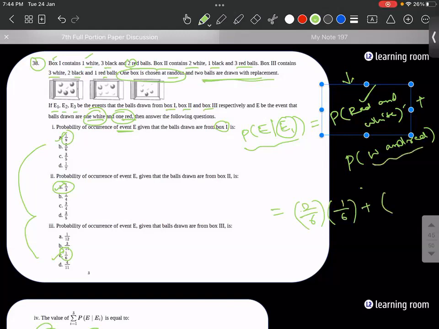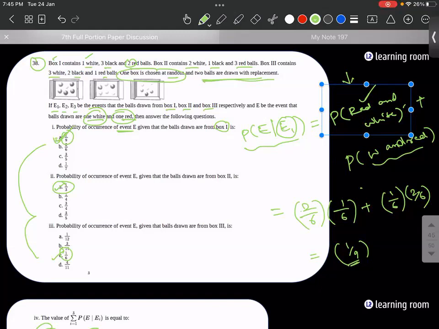Or probability of getting a white and a red is 1 by 6 into 2 by 6. Solving this, what will you get? 2 by 36 plus 2 by 36, which is 4 divided by 36, or 1 divided by 9. That is how you got this.